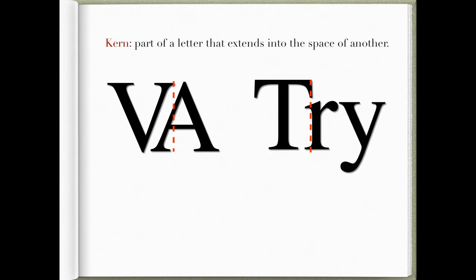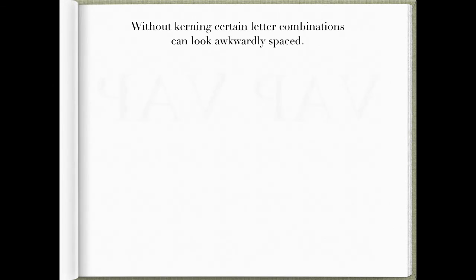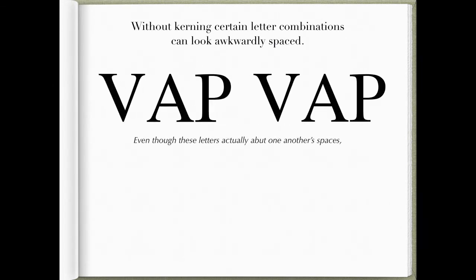Kerns and kerning. Technically, a kern is just the part of the letter that extends into the space of another. And we have kerning because of the way the eye looks at negative space. And that example above, even though those letters are kind of equally spaced, to the eye it looks wrong.